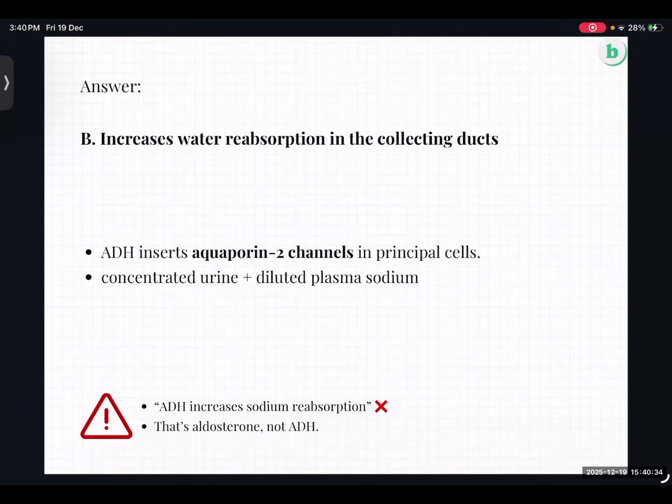Now, whoever thought that ADH increases sodium reabsorption, you have to make sure you don't make that mistake again, because I've personally always mixed them up. Remember, aldosterone is the one that works with sodium and water. ADH only works with aquaporin 2 channels, and therefore only water.